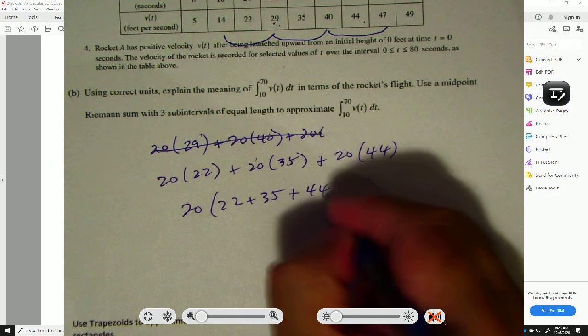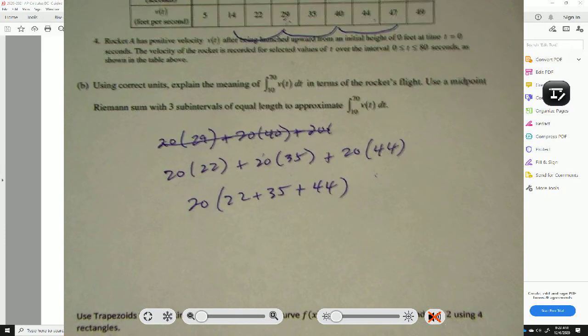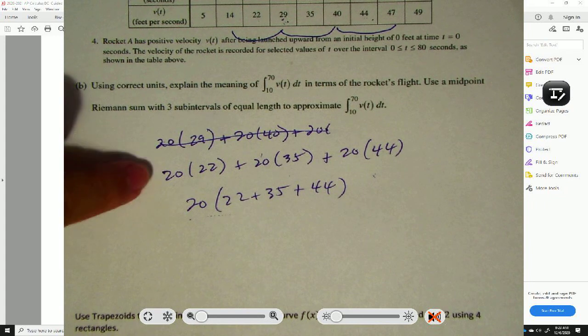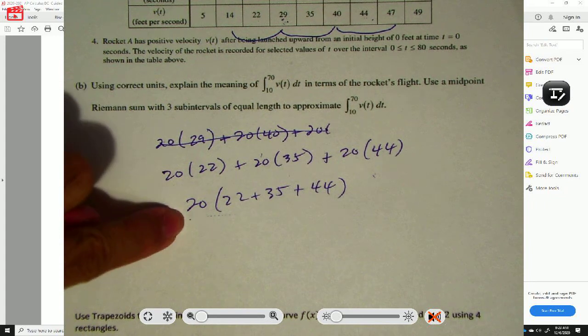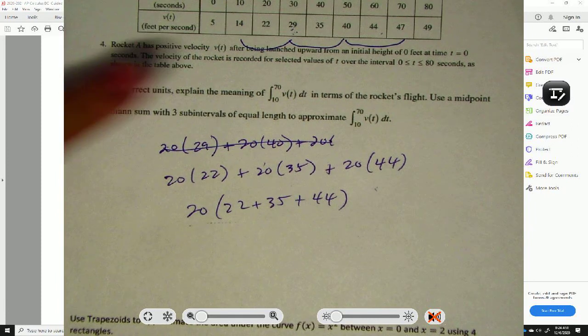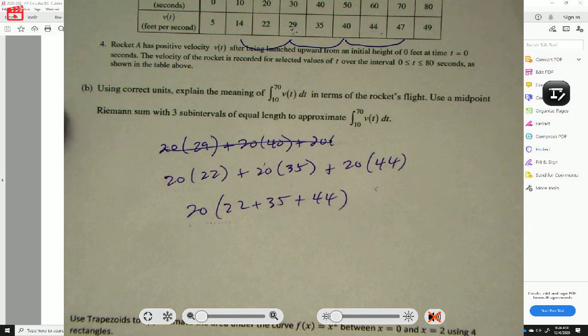By the way, if you notice that this pattern is almost the same every time, and you want to skip to this step, don't do that. This uniform width almost always only happens with midpoints.